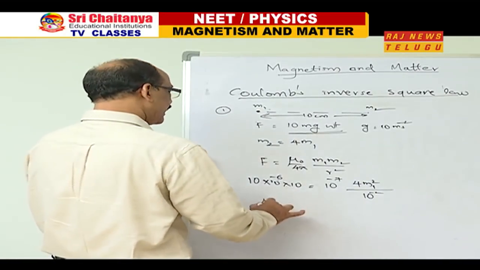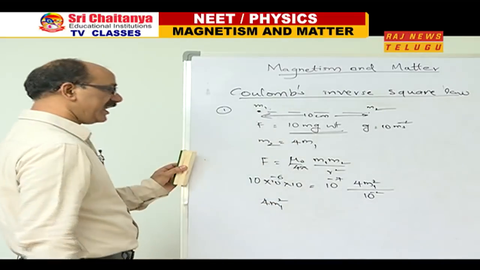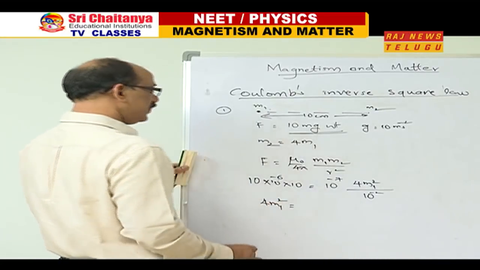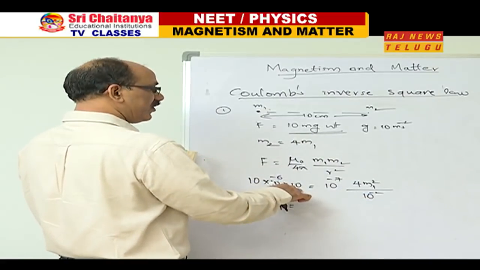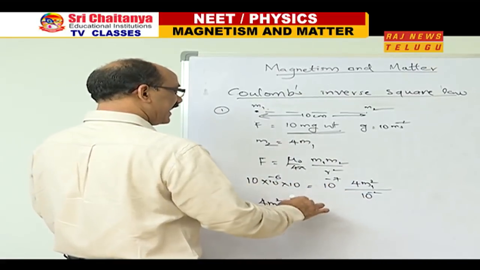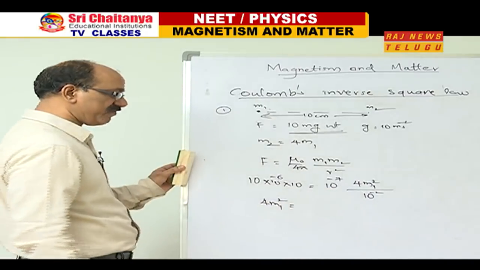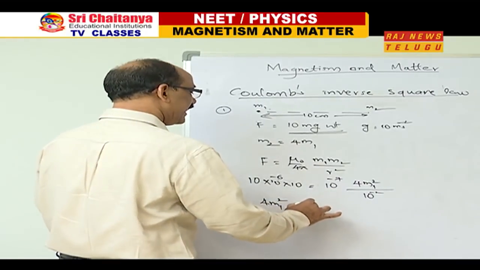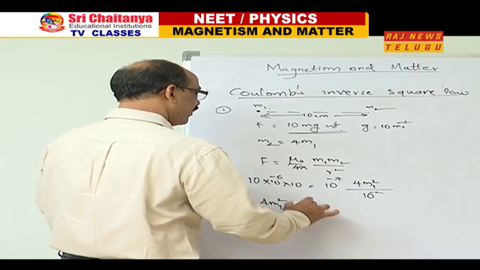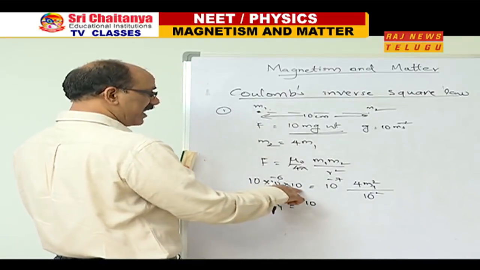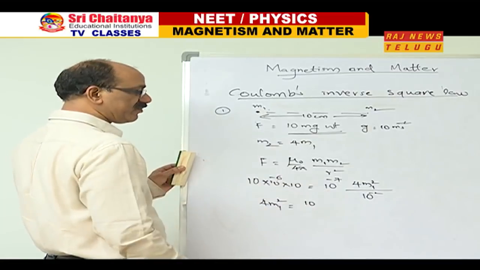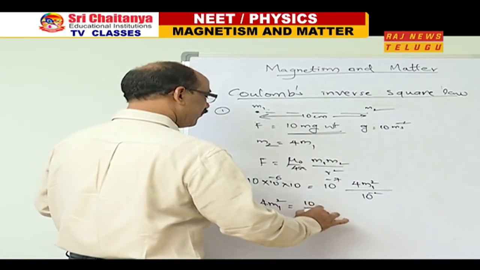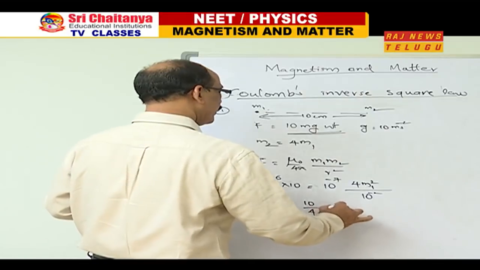From this we can get 4 m1 square is equal to 10 to the power of minus 4, 10 to the power of minus 6 divided by 10 to the power of minus 7, which is 10 by 4, that is 2.5.